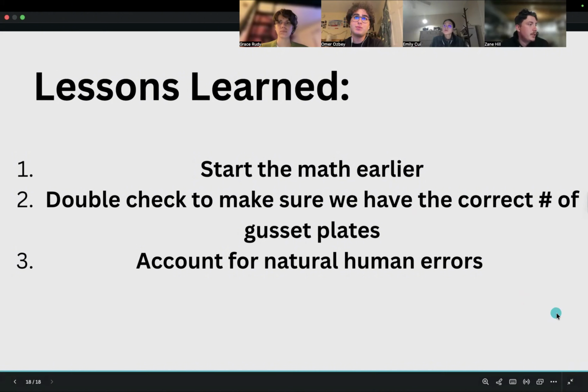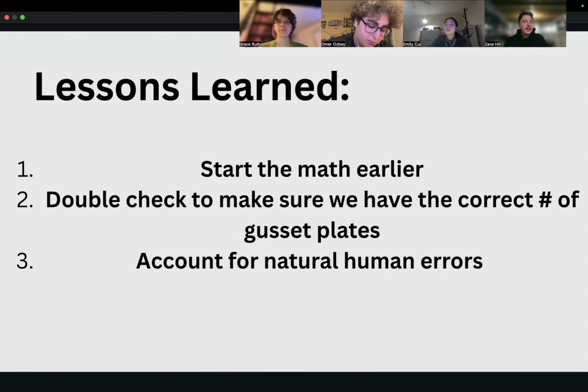Just to add on to that, it was more of a focus on human errors. Obviously, we're not going to be able to use the same amount of glue and the same angle, making sure it's perfect all the way across and covering the same area on each gusset plate. So it's hard to calculate as a perfect copy and paste all the way through, because the CAD model is a perfect representation in an ideal world, in a vacuum.